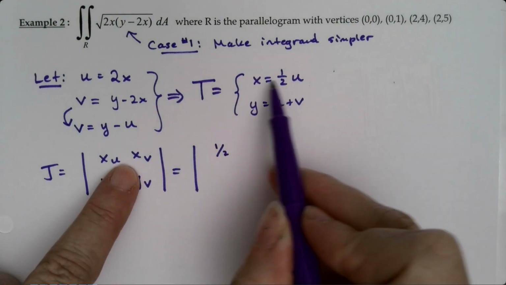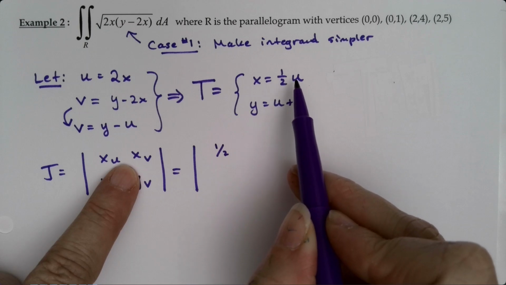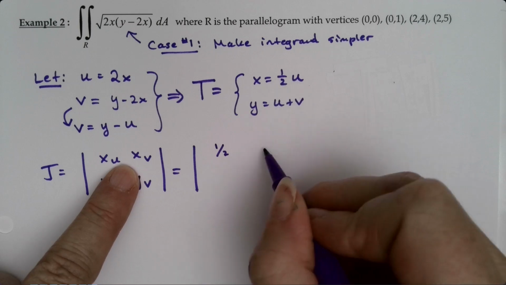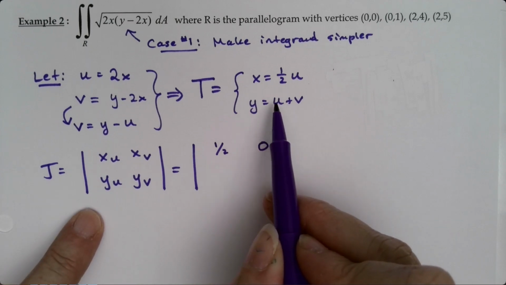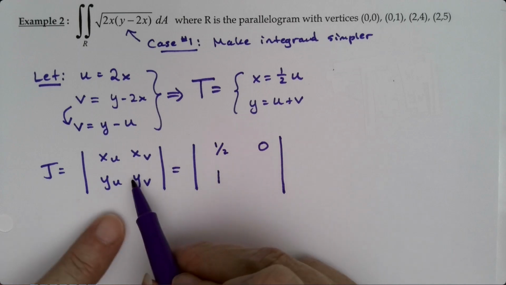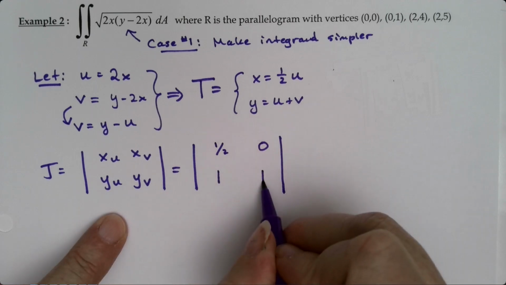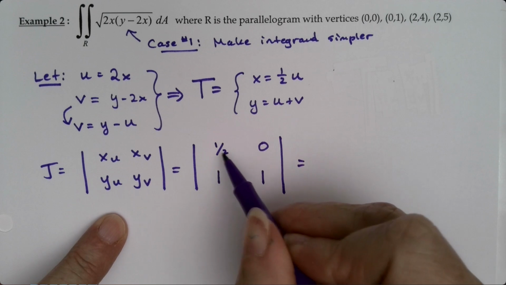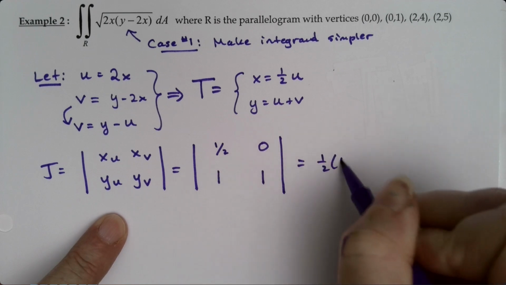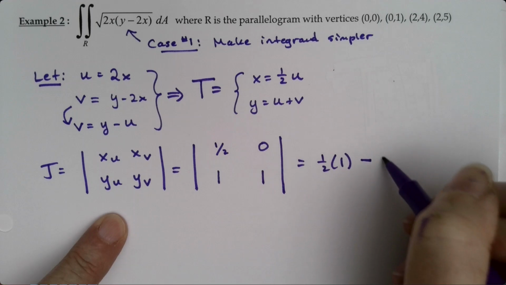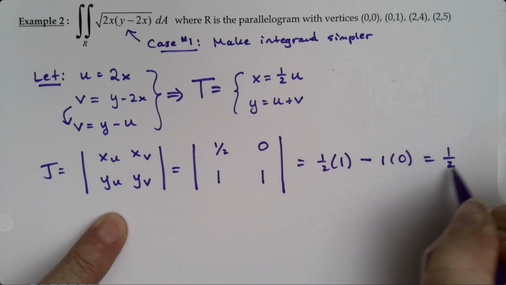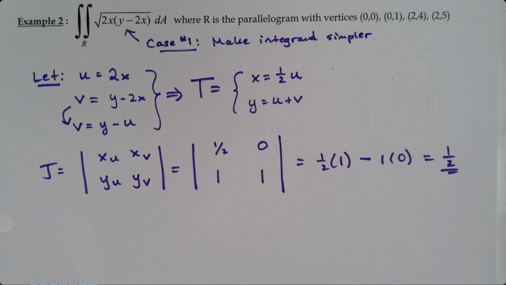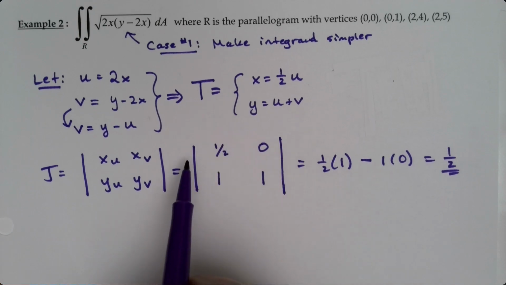Then I take my derivative of my x function with respect to v, which is 0 because there is no v there. My derivative of my y function with respect to u would be 1, and the derivative of my y function with respect to v would be 1. So the Jacobian would be 1/2 times 1 minus 1 times 0, which is 1/2. All right, so the Jacobian is all figured out. You figure out the Jacobian from the transformation.